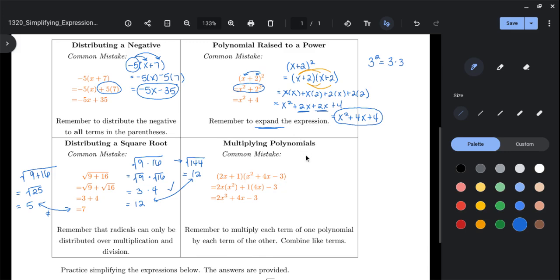But this is not the case. We can't do this here. We're going to have to actually make sure that each term in the first set of parentheses is multiplied with each term in the second set of parentheses. So similar to what we did above, let's go ahead and draw those arrows to show that multiplication that has to be done. So I'm rewriting my expression.